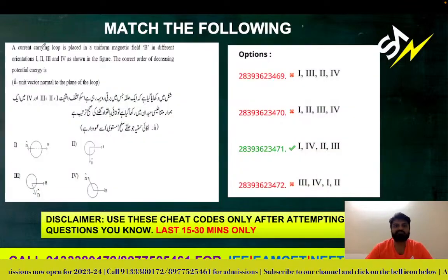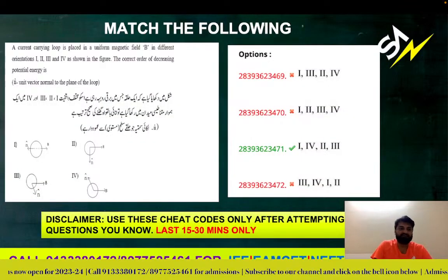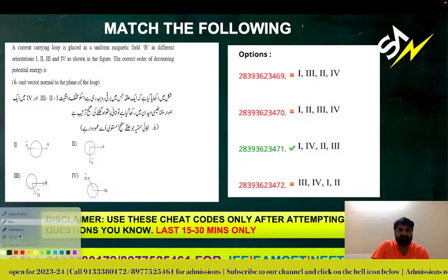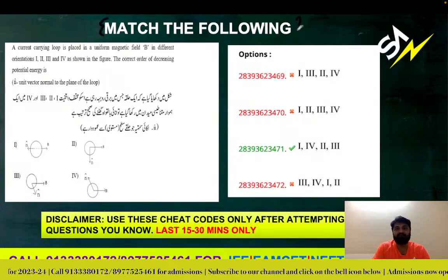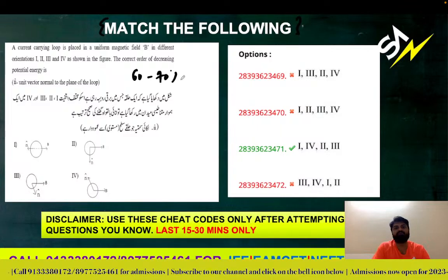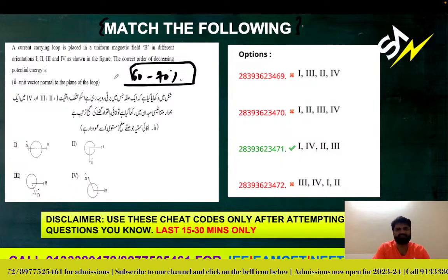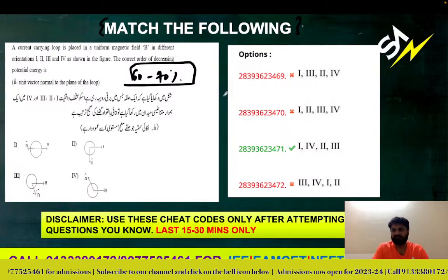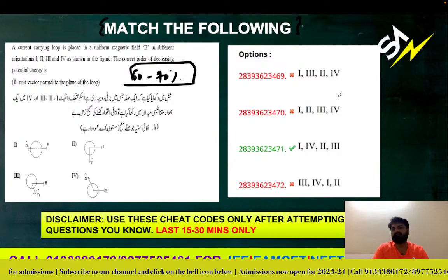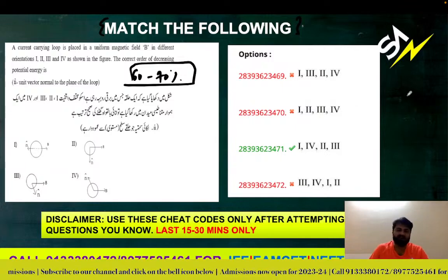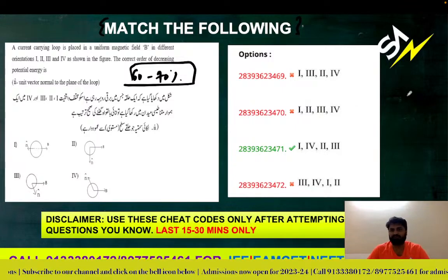Next method, match the following. This is again very interesting. Again, I will tell you a method which you can use 60 to 70% of the time. Let us say they ask you to arrange in ascending or descending order, or match the following, anything of this sort, where they give you something like 1 2 3 4 5 and ask you to arrange or match.